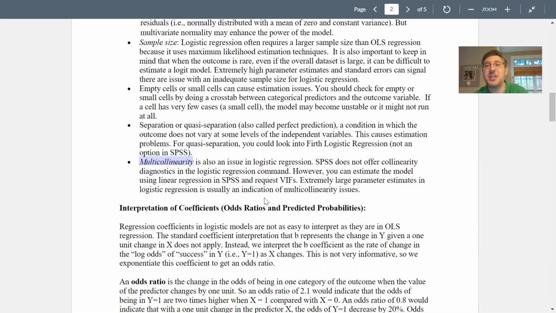So basically what you have to do is run your same logistic regression model as an OLS regression model, as a linear regression model, and request variance inflation factors, and use the same rules of thumb that you had in OLS regression, which is how you would typically assess multicollinearity.